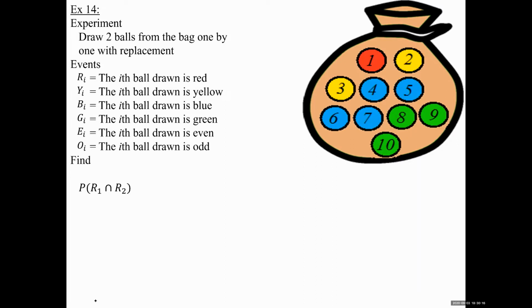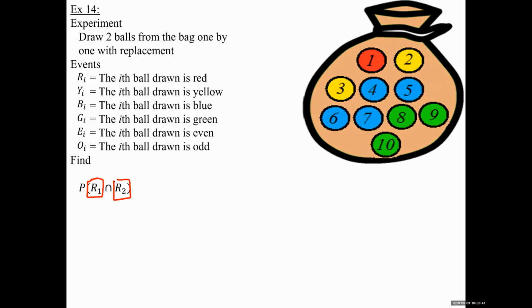All right, also, you notice that these events have little numbers on the bottom, subscripts, right? I want to make sure you understand what that means. This is very important, especially when you're doing quiz problems and exam problems where you're drawing or doing something more than once. I need to see these subscripts. R1 means the first ball. Remember, we're drawing 2 balls. It means the first ball you drew was red. This R2 means the second ball you drew was red.